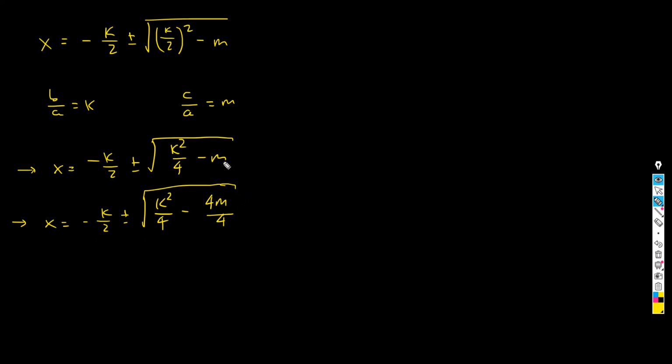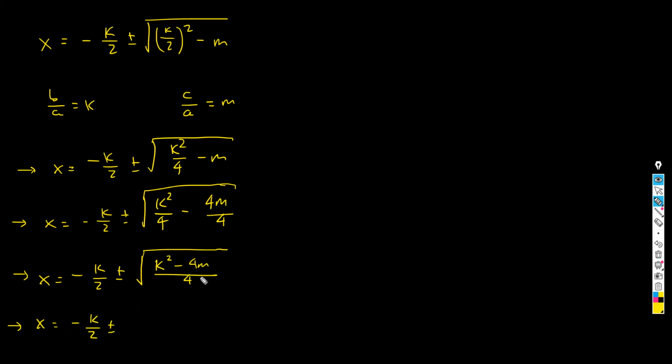And the reason I transform this m into this form is so that I can do the following. Look, since these two fractions now have equal denominators, I can add or subtract them like so. You see, that is the reason why I did that. So I can put them like so. And why did I want to do this? Because of the following step.